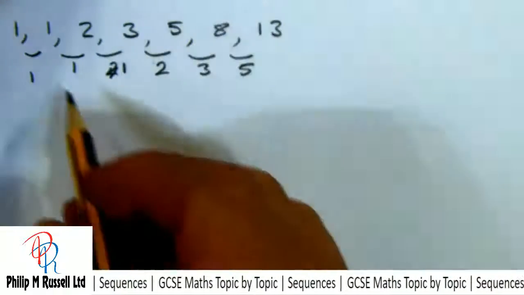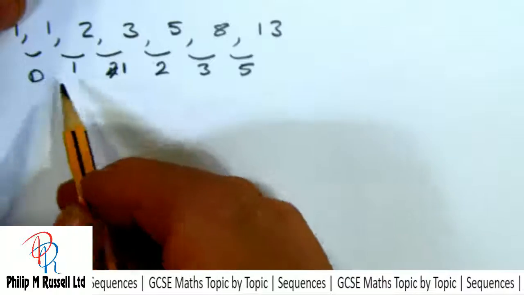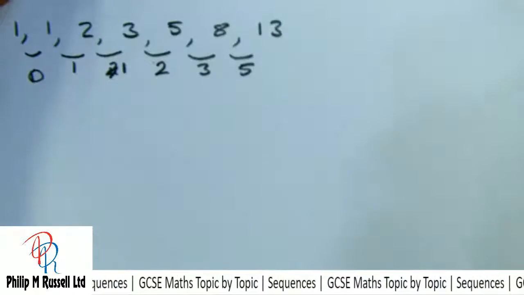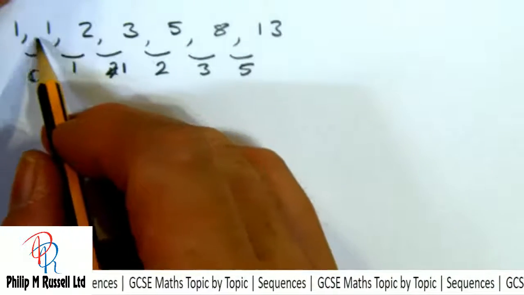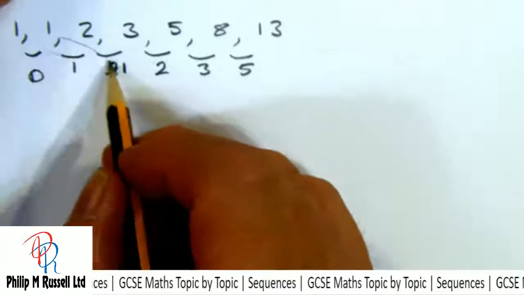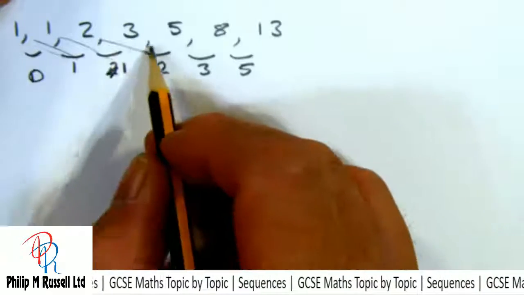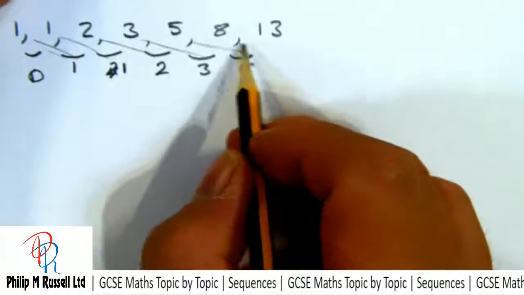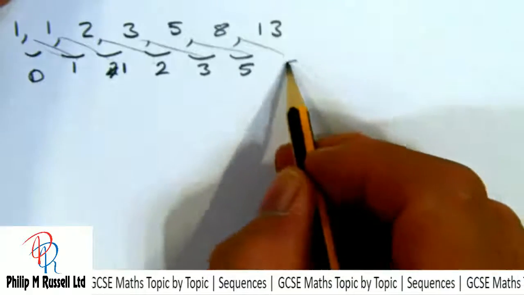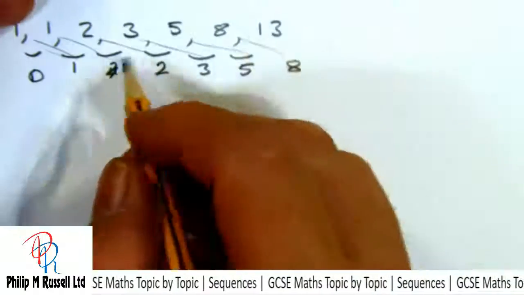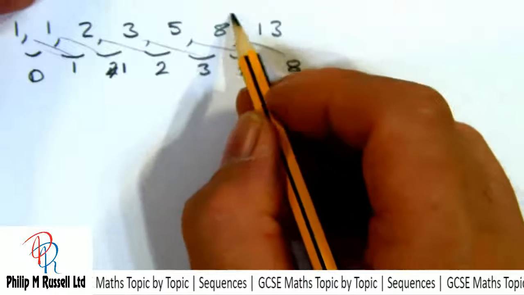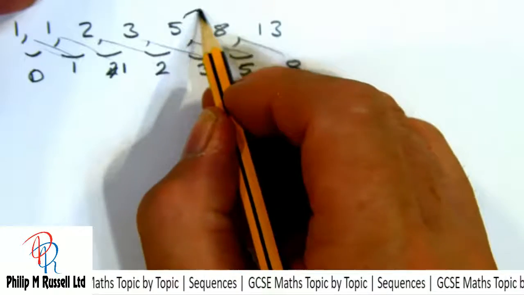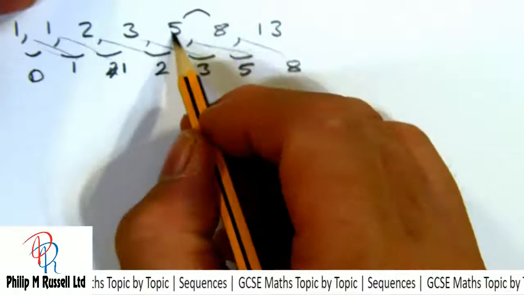Now, if I look at what's going on here, these numbers are translating further along. I could actually predict the next one's going to be 8. And we get each number of the sequence by adding the previous two together.